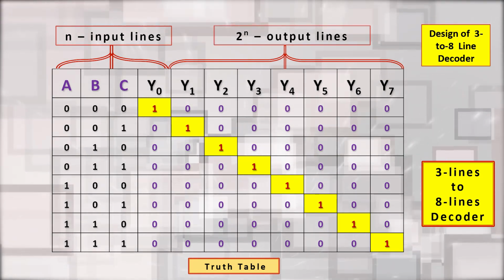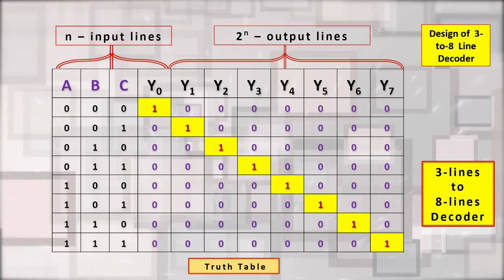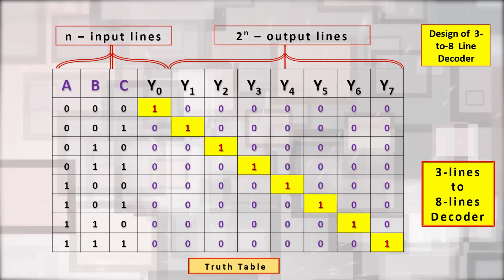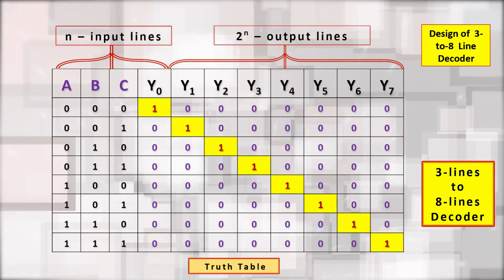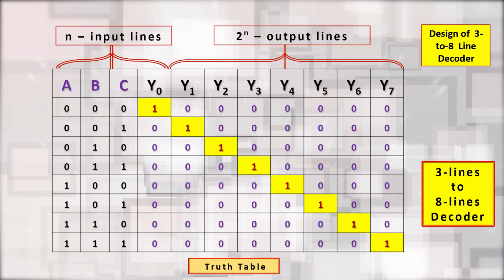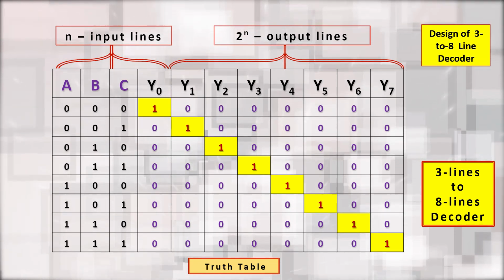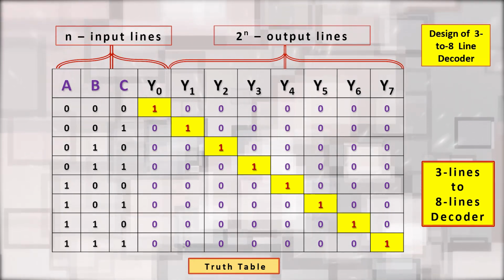Similarly, for the case when A is 0, B is 1 and C is 1, in this case of input, Y3 output will be at logic high and rest all other outputs will be at logic 0.